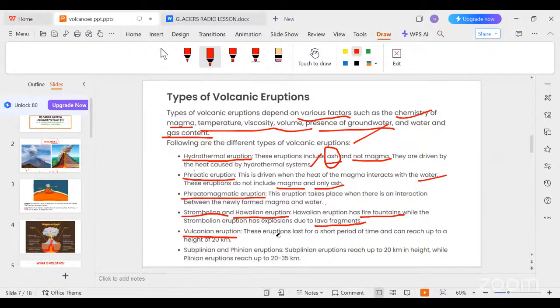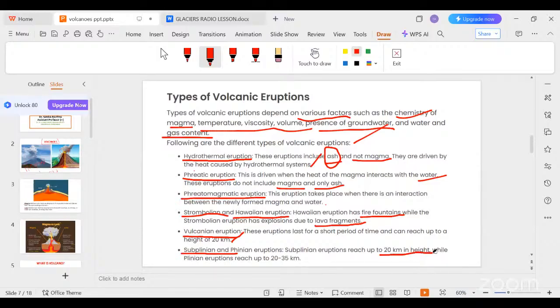These eruptions last for a short period of time and can reach up to a height of 20 kilometers. And the last one is Subplinian and Plinian eruptions. Subplinian eruptions reach up to how much?